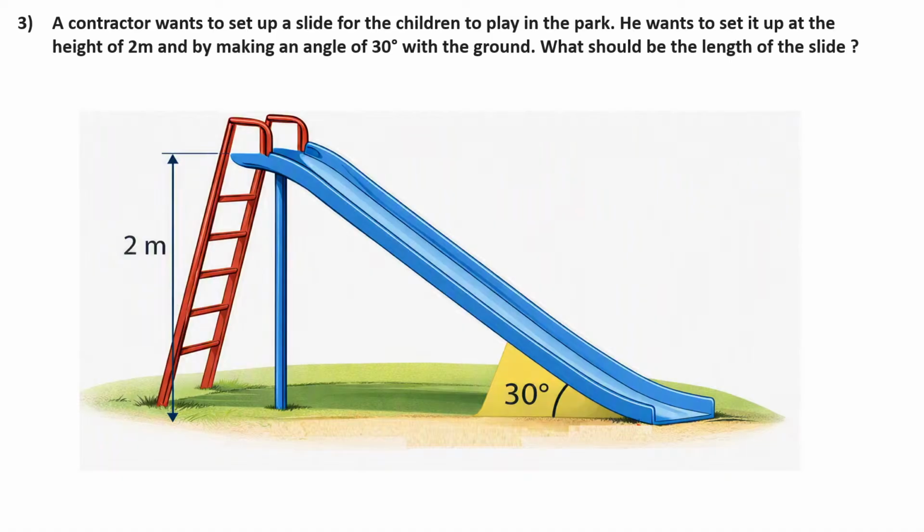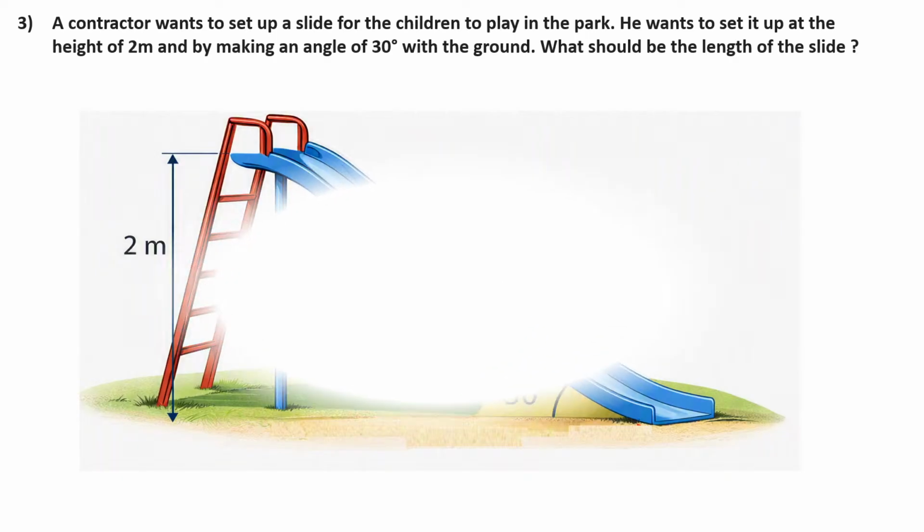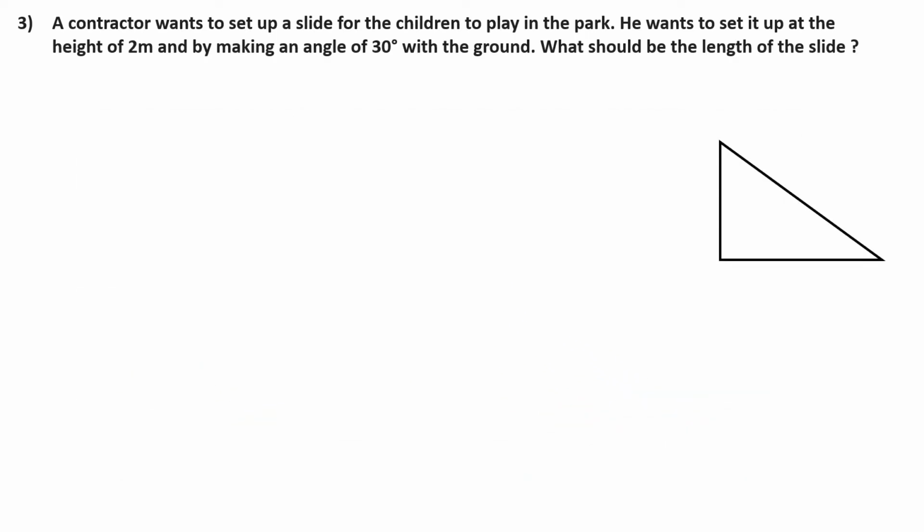Okay, right. Now using this setup, we will draw a right angled triangle. So this is the right angled triangle. In this right angled triangle, I am naming it as B, which is 90 degrees to the ground level, and it is AC.